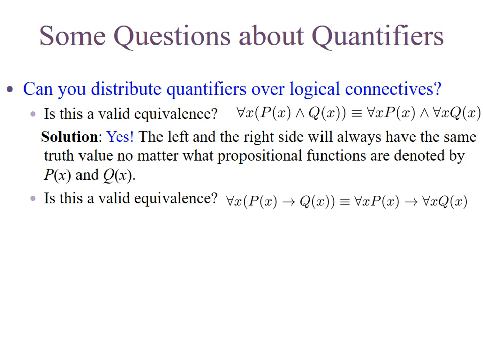Okay, maybe I draw the left-hand side, then you can draw the right-hand side. So this is the domain of x. We have a lot of different elements within the domain, for example, x1, x2 to x100.